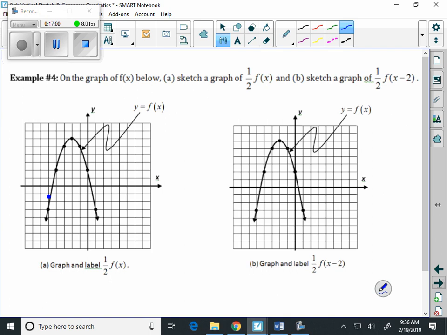The point -4, 2. Well, 2 times 1/2 is 1. The point -3, 5. We'll take 5 times 1/2. 5 times 1/2 is 2.5.